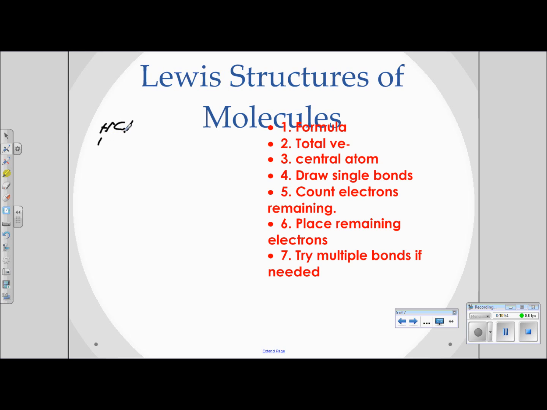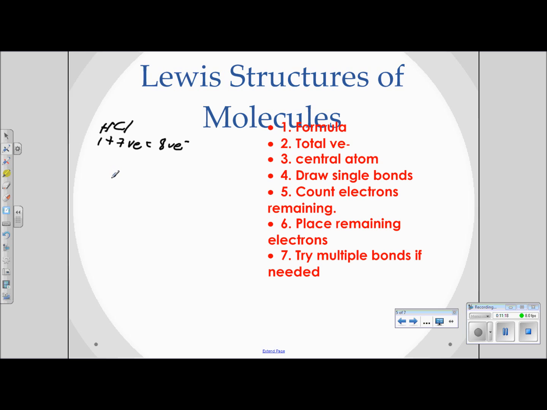And chlorine has 7 valence electrons. And that gives me a total of 8 valence electrons.